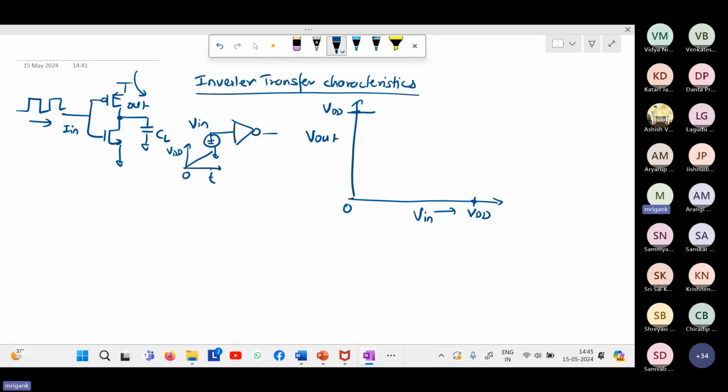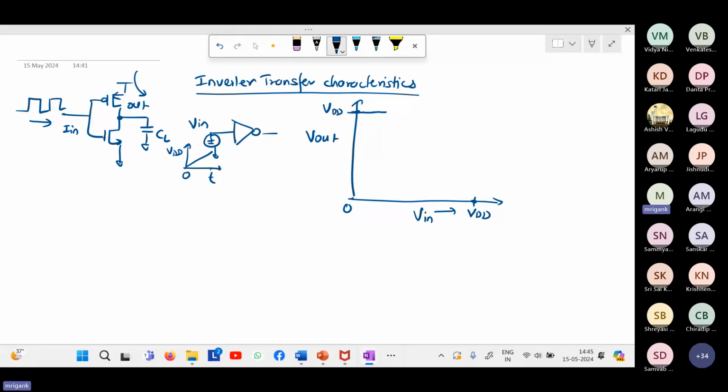Initially, as you are increasing the V in from 0, at what point will it start dropping? It is VT of which transistor? VTN, right?